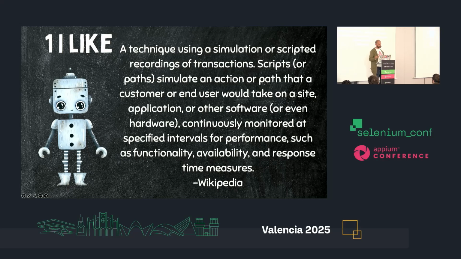Scripts or paths simulate an action or path that an end user will take on the site, application, software, or even hardware, continuously monitored at specified intervals, again for performance. They also went into other topics, such as functionality, availability, and response time measures. I like this one a little bit better because it goes to functionality, which is more of what we generally use Selenium and these solutions to check.